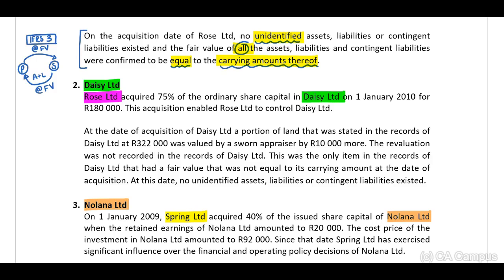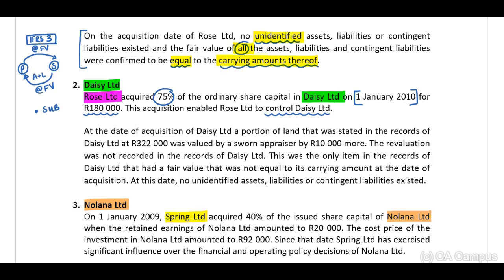Number 2, Daisy Limited. Rose Limited acquired 75% of the ordinary share capital in Daisy Limited on 1 January 2010 for 180,000. This acquisition enabled Rose to control Daisy. Important: subsidiary. You need to know that you need to consolidate.